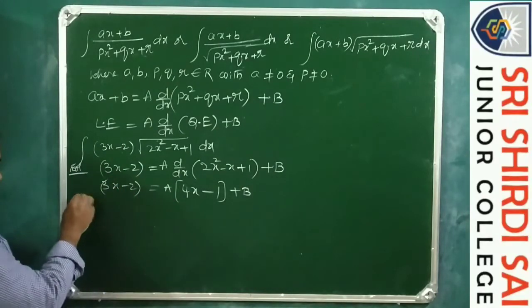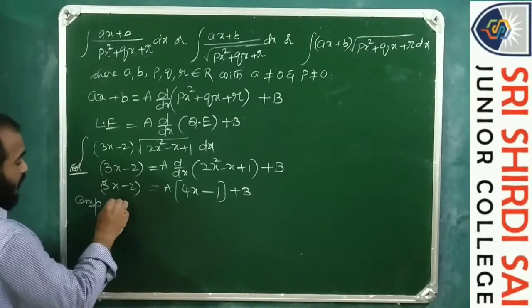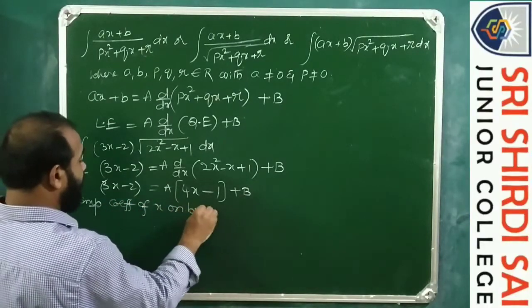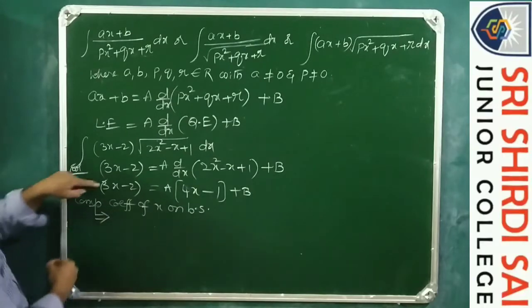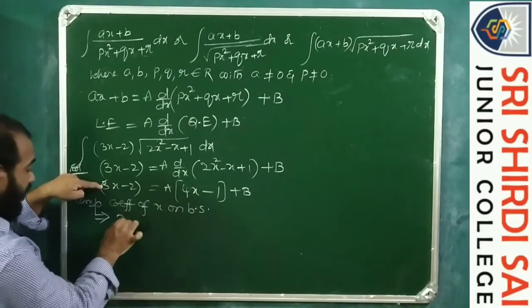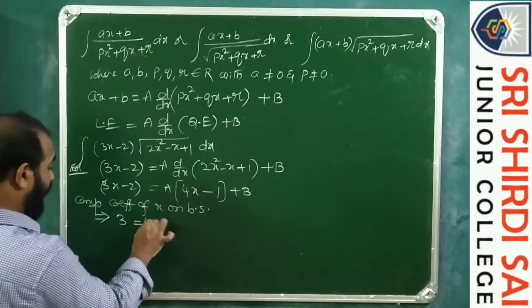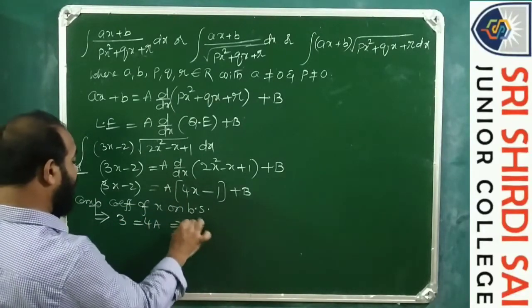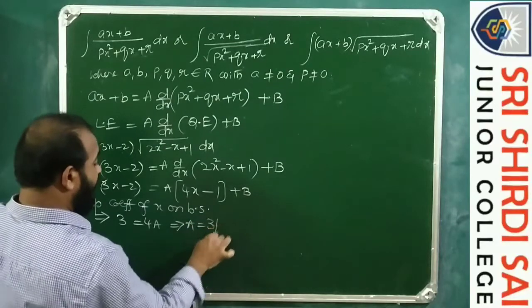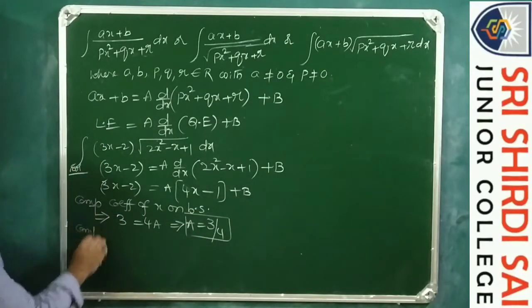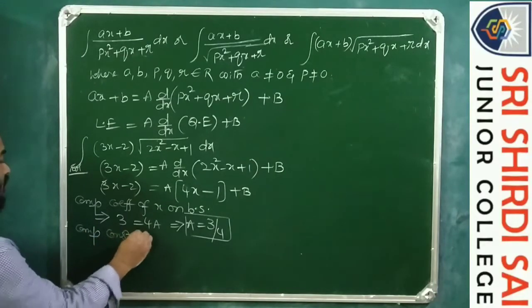Now comparing the coefficient of x on both sides. The x coefficient on the LHS is 3, which is equal to 4 into A, 4A. From this, A is equal to 3 by 4. Now comparing constants on both sides.